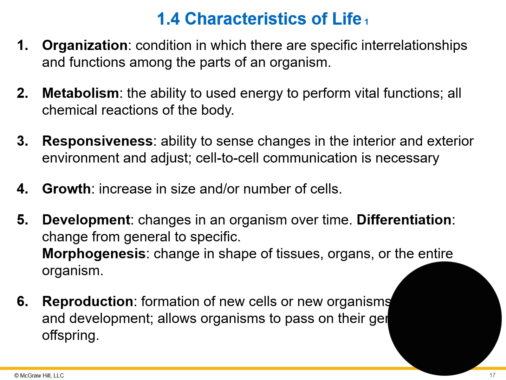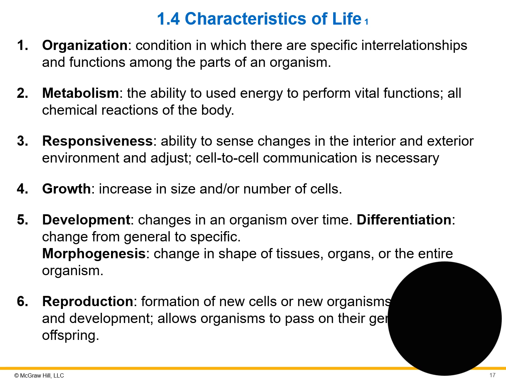Next, we're going to go over the characteristics of life. There are six characteristics that define living organisms. Organization refers to the specific interrelationship and functions among parts of an organism.